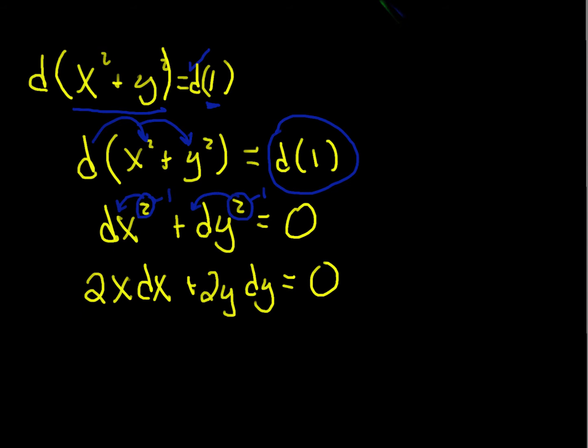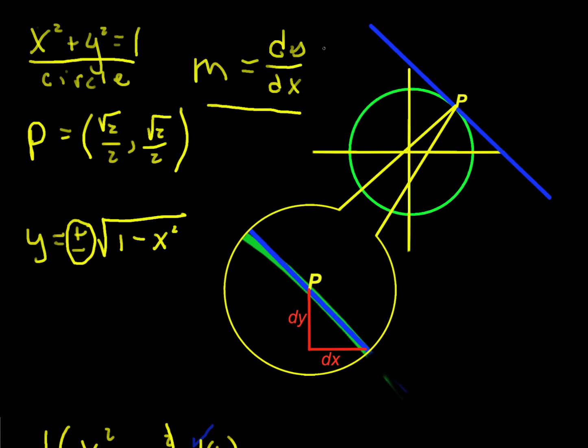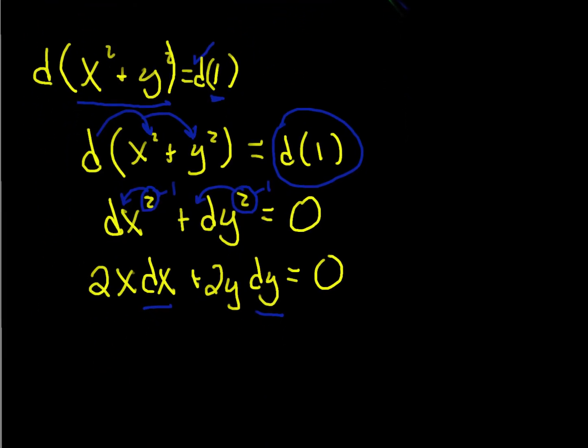And what we have now is a relationship between dx and dy. And so let's go back and see what we're looking for. Remember, we want the slope, which is the ratio of dy dx. So we want to solve what is dy divided by dx equal to. Let's subtract.